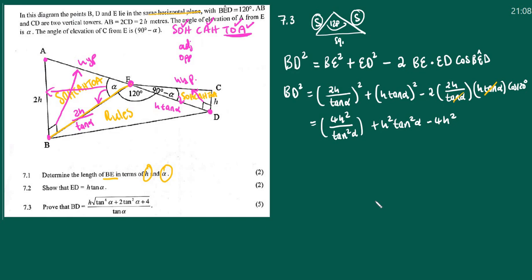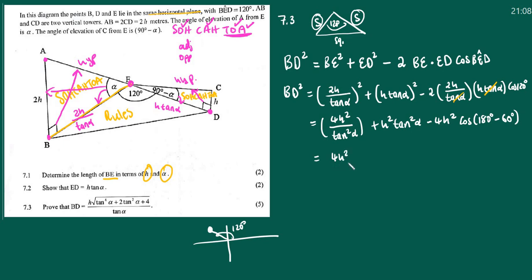Remember, this requires knowledge we learned in reduction formulas. If you forgot, you can always go back to those videos we posted. So now 120 is in quadrant 2, so you say cos of 180 degrees minus a certain angle to get 120. You have to subtract 60, right? So you have this, and then you continue solving.